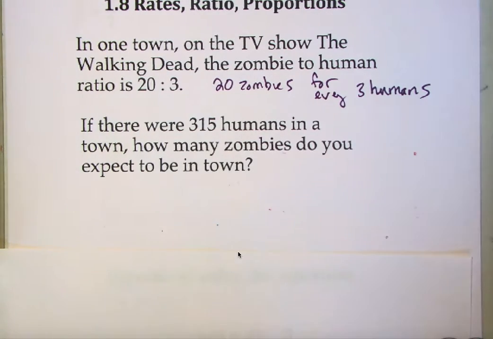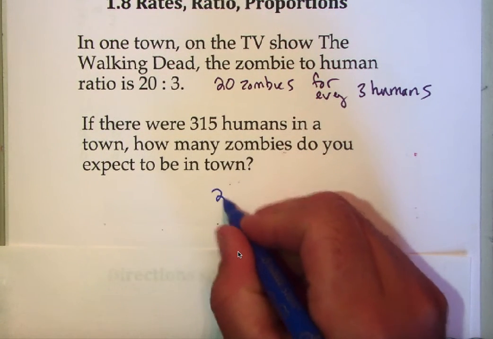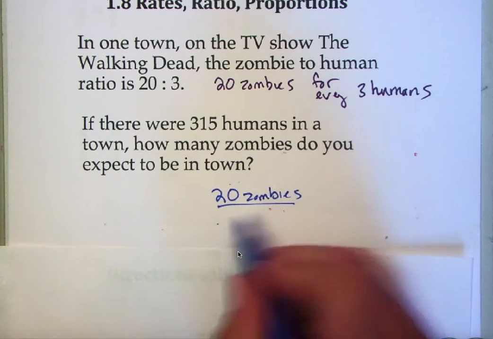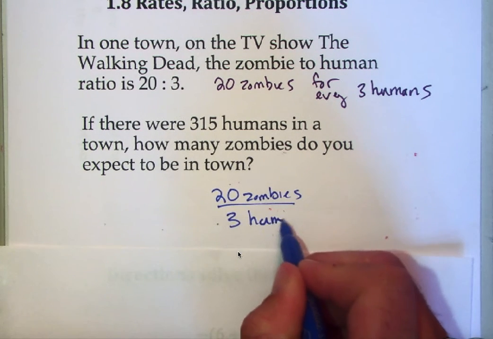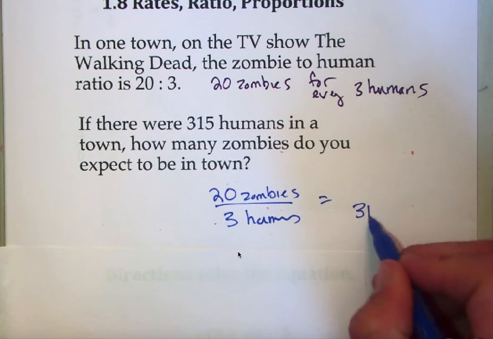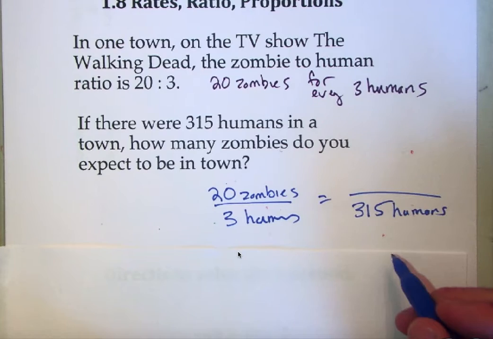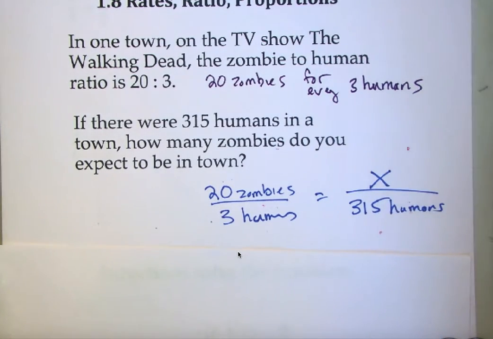And I would invite a student up and they would say, well, since it's 20 zombies for every 3 humans, and we know there's 315 humans, we got to think about how many zombies there are going to be.